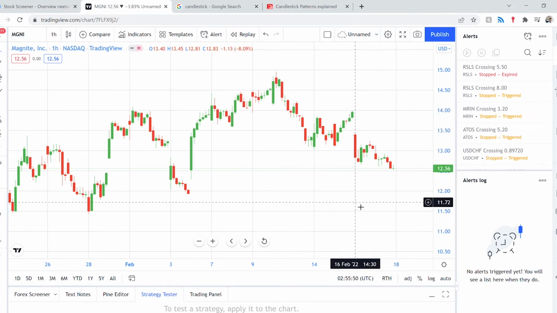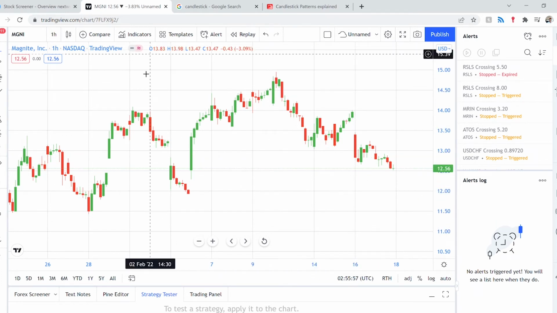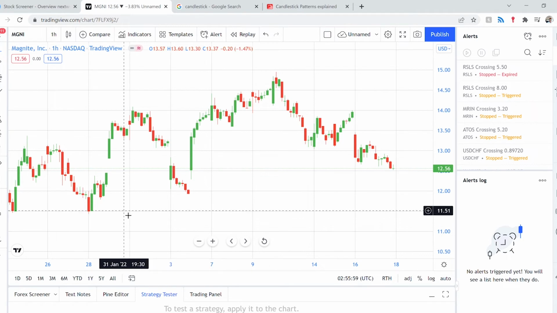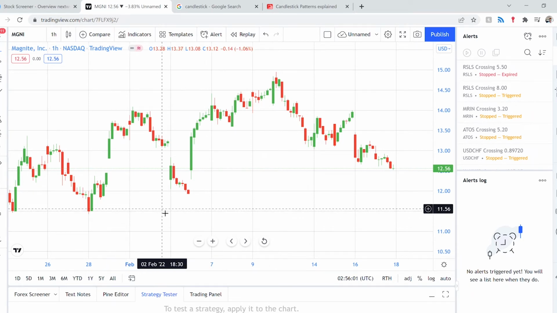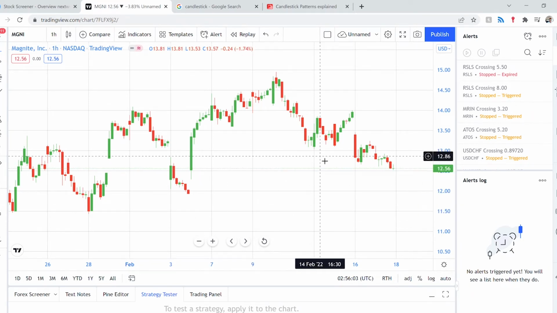Where do you want to buy and where do you want to sell? And one of the ways to do that is to use something called an indicator. An indicator simply means a tool that indicates what's going to happen next, or what might happen next.